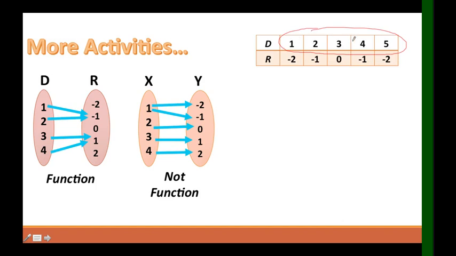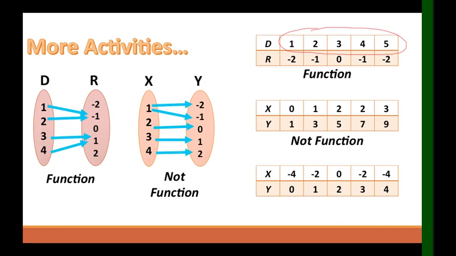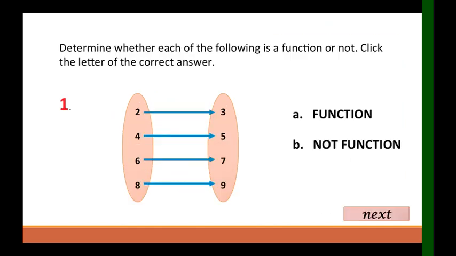If there's a number that repeats, it is not a function. If there's no repetition of numbers, it is a function. For this example, this one is a function. How about the next one? Very good. 2 repeats twice, so it is not a function. The next. Very good. -4 and -2 repeat twice, so it is not a function.